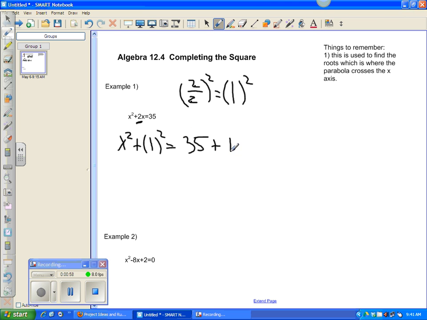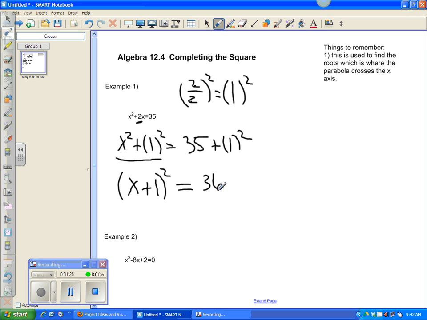plus 1 squared. Now, as you can see, this is one of those special properties of algebra where this becomes x plus 1, and both of these are squared. And this becomes 1 squared is equal to 36.